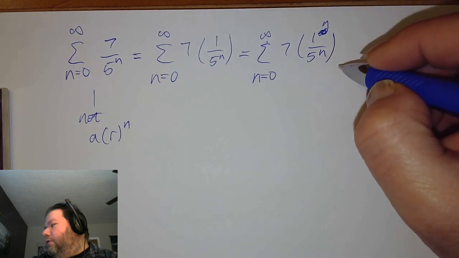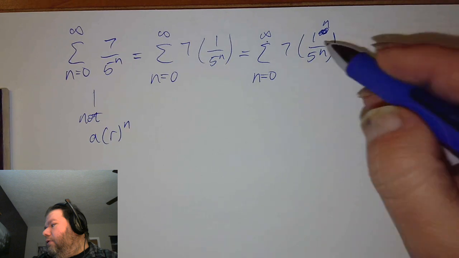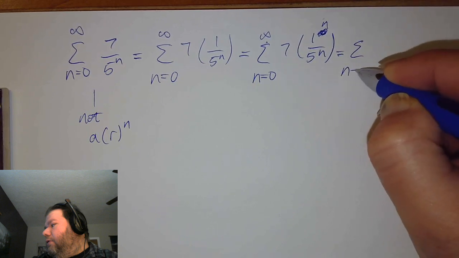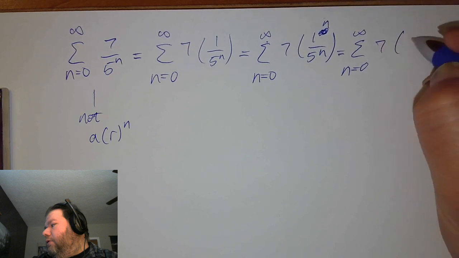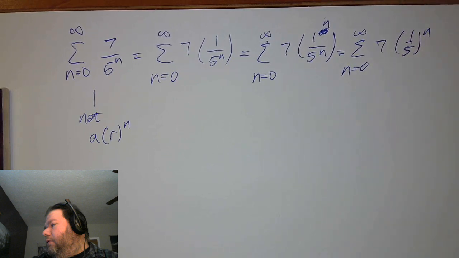It's a little weird how we follow these rules sometimes. Basically, we said 1 to the n is basically 1, or it is equal to 1. And because now we have an n on both of these terms, we can think of it as 1/5 to the nth power.